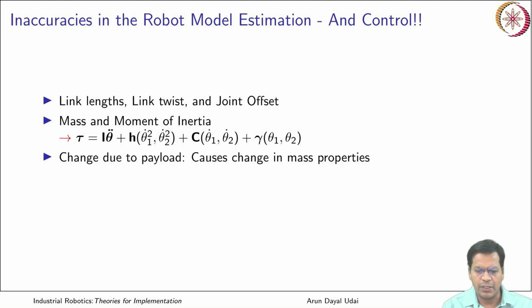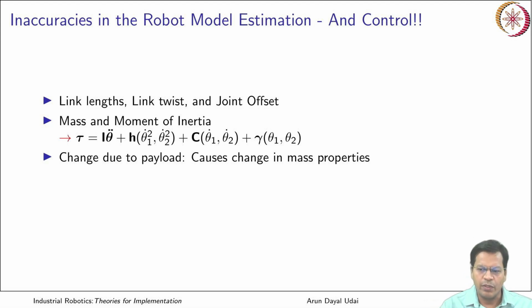And then there are changes in payload. A robot is sold and used by the payload capacity that it can handle. Let us say it is a 5 or 20 kg payload capacity robot. It is not always true that it carries 20 kg. Sometimes it is carrying an empty carton which is just 5 kg. So that gives you the complete range of weight that it can handle.